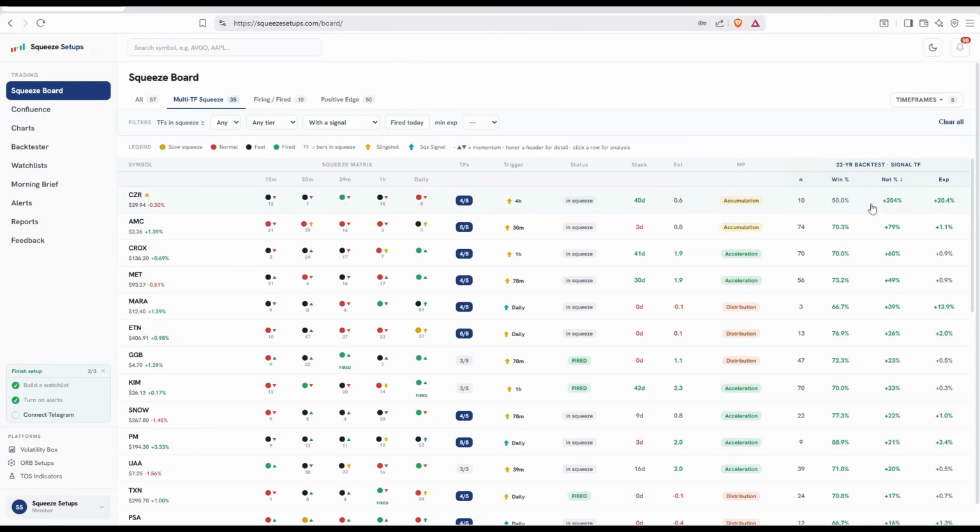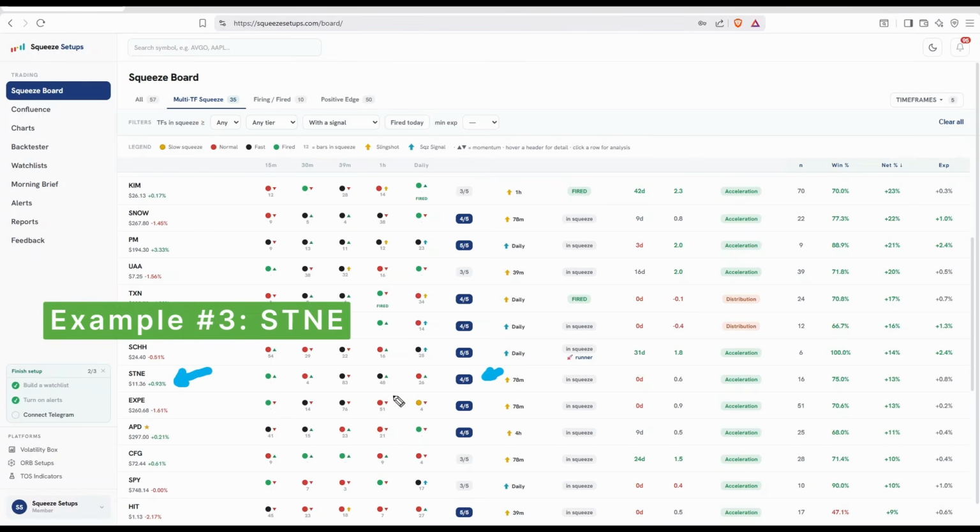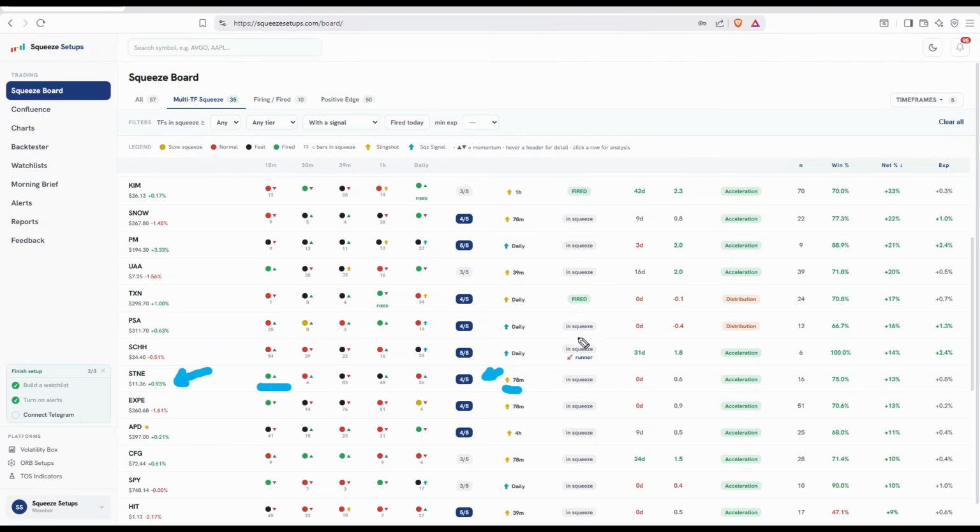So that was one way we could filter, which is looking at net percentage and starting to go down. Another stock which stood out was Stone. Stone stood out because we had a trend reversal. We have 4 out of 5 time frames that are currently squeezing. The one that's not is the smallest, 15-minute. I'm okay with that. We have the 78-minute squeeze, slingshot squeeze that triggered, which has a win rate of 75%.